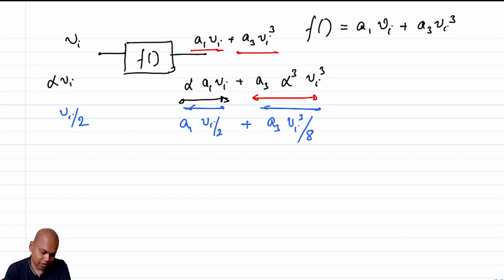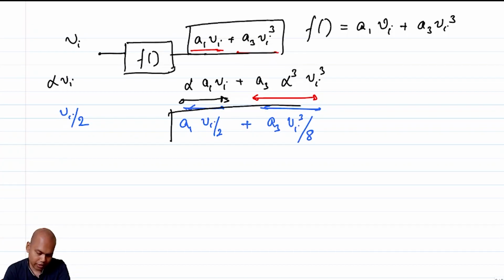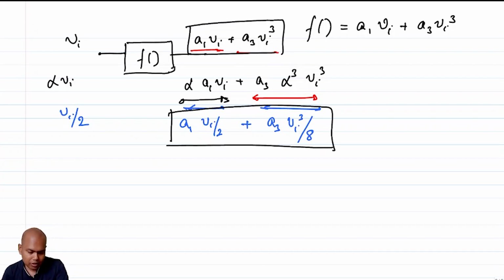So what if I then take this output and multiply it by 8, an ideal multiplier of 8? Again, you might ask how I can get an ideal multiplier. We'll talk about that.